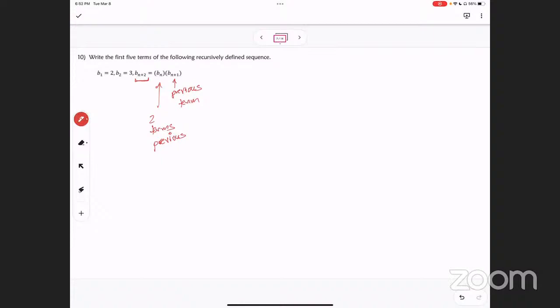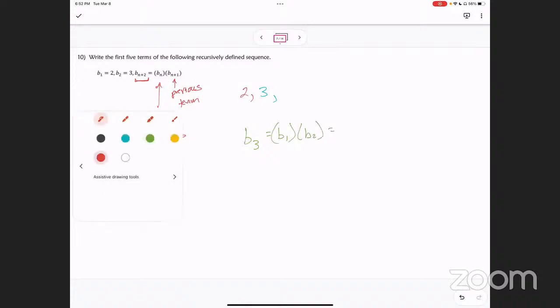So our first two terms are 2 and then 3. And our next term, B sub 3, is equal to B sub 1 times B sub 2, which is equal to 2 times 3, which equals what?